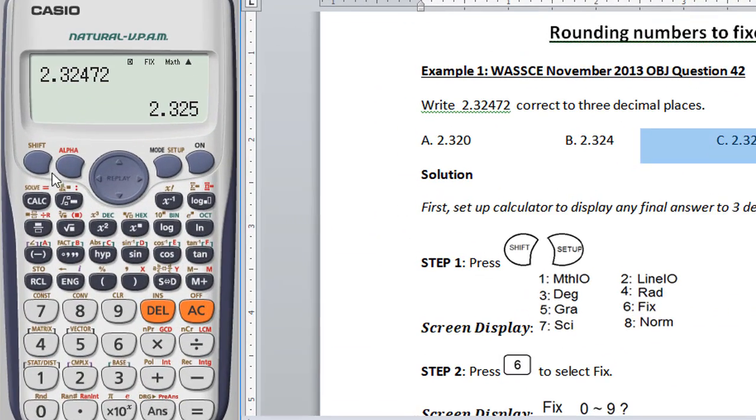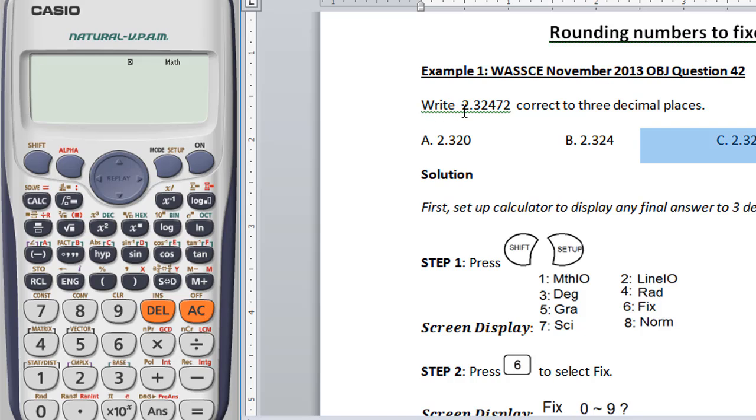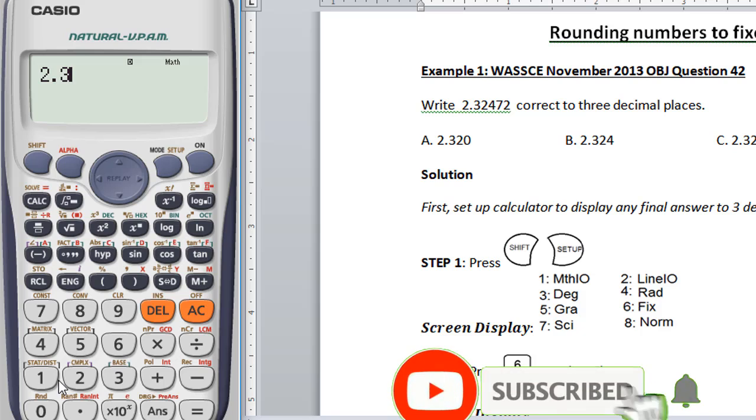Alternatively, the student can also first type the number before setting the calculator up. The question says write 2.32472 to 3 decimal places. So before you set the calculator to deliver the answer in 3 decimal places, you can type the number itself, 2.32472.